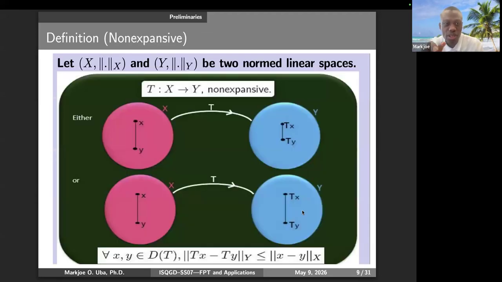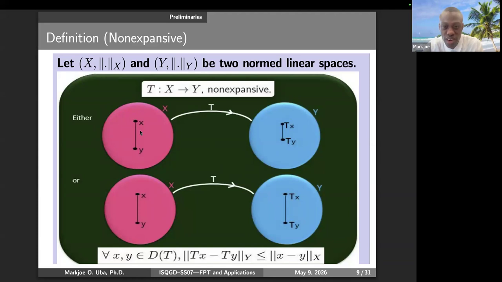Now, let's talk about non-expansive maps, because we are going to be looking at generalized non-expansive maps. When we have two spaces, X and Y, that are just normed linear spaces, that's the only condition, we say that a function is non-expansive if one of these two conditions happens. I use this diagram to show what we mean by non-expansive.